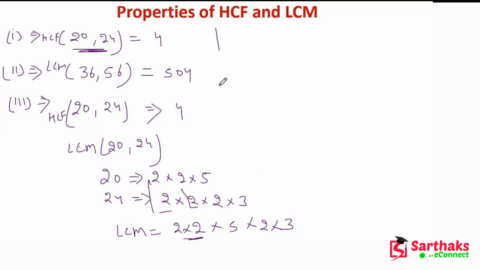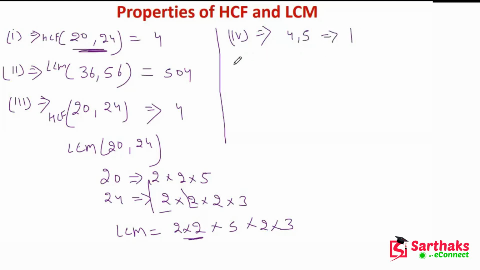Now our fourth property: the HCF of two co-prime numbers is always 1. What are co-prime numbers? Those numbers which have no common factors except 1. So if we take 4 and 5, the HCF of 4 and 5 is always 1.